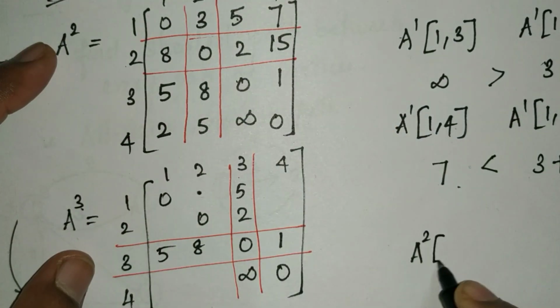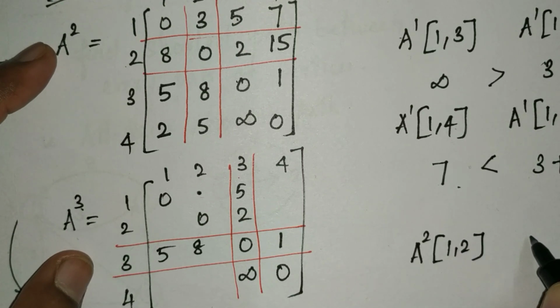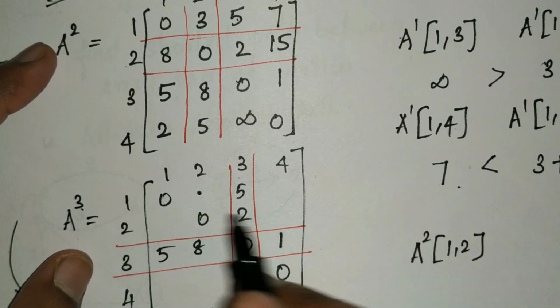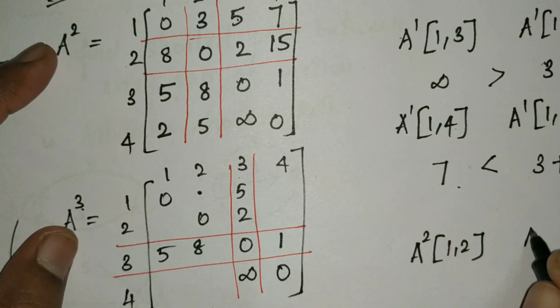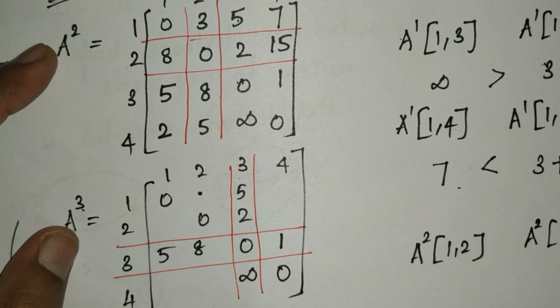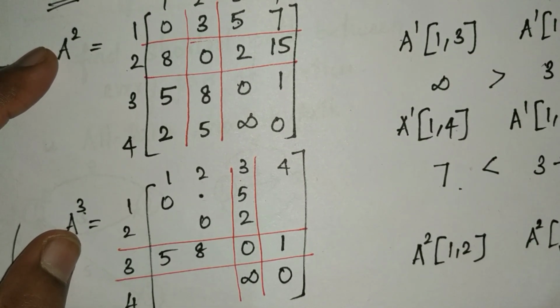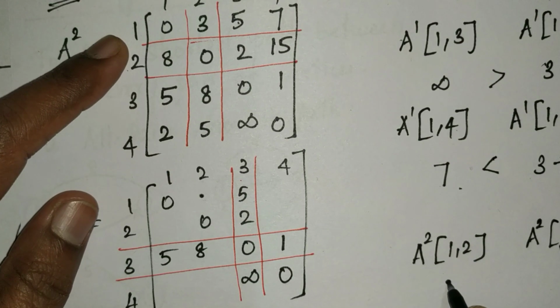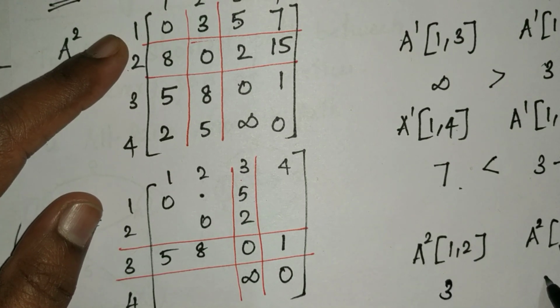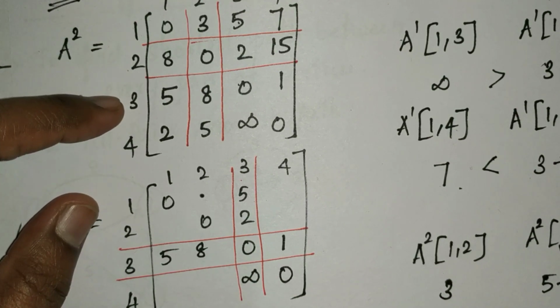So A2 of 1,2, passing through the intermediate vertex 3: A2 of 1,3 plus A2 of 3,2. So 1 to 3 and then 3 to 2. 1,2 from the previous matrix is 3, and here 1,3 is 5 plus 3,2 is 8.